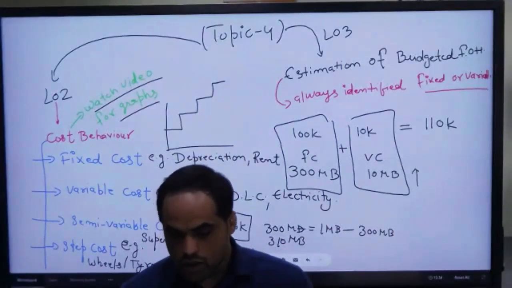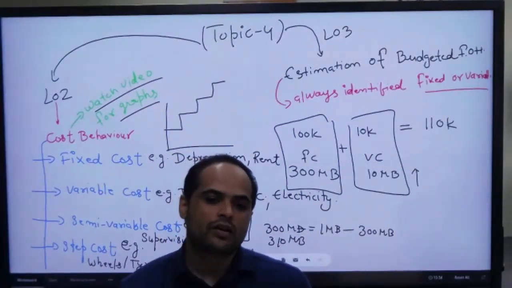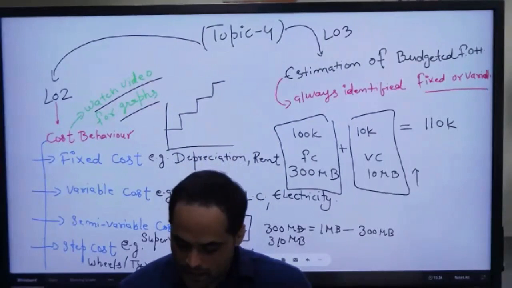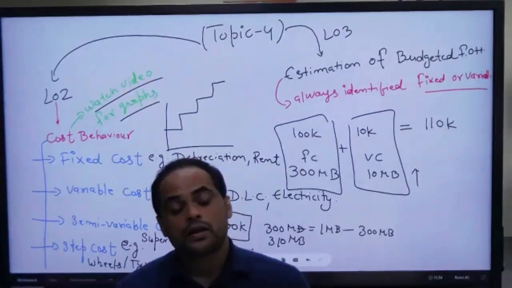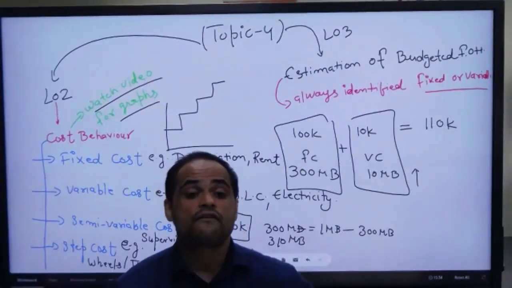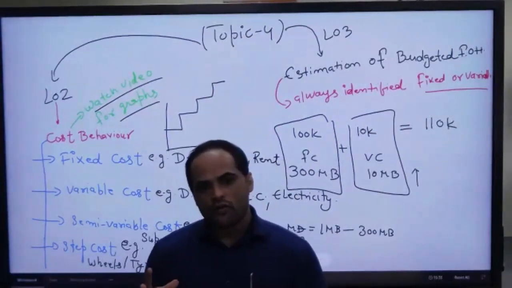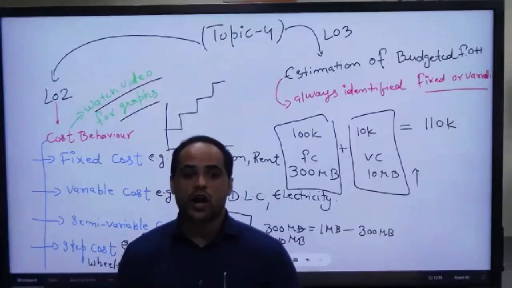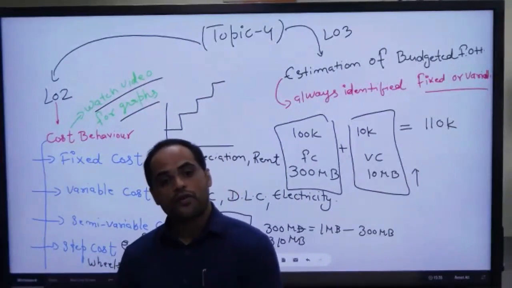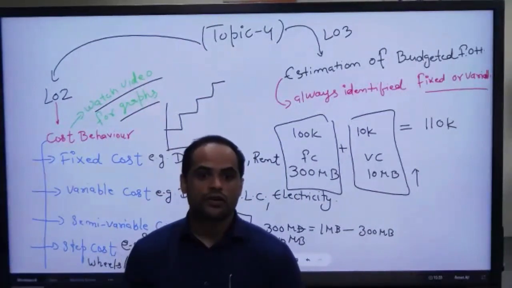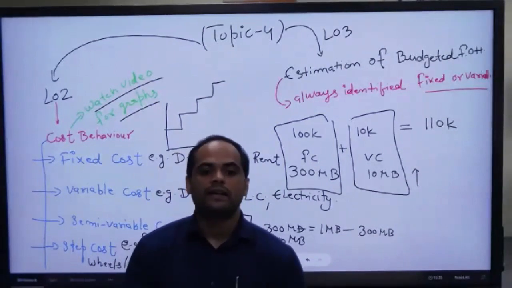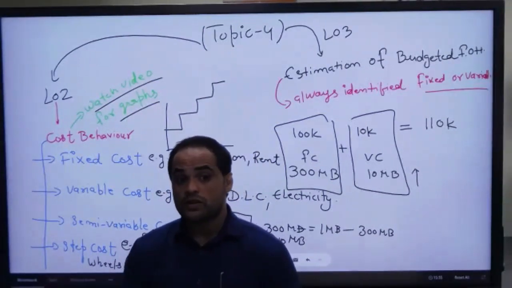Once you identify how many units you want to produce, you will find out that in this quantity of units, how much is fixed and how much is variable. Some quantity of units may not change over the period, and some will change over the period.